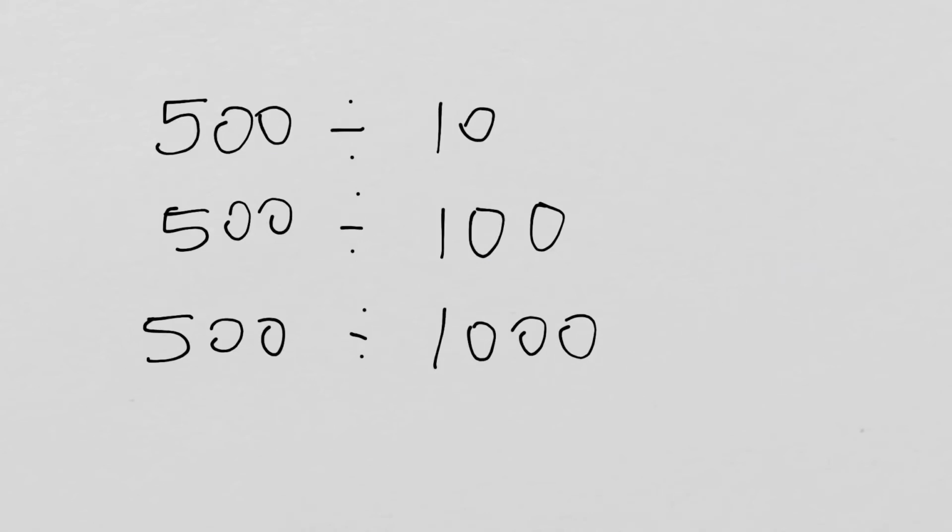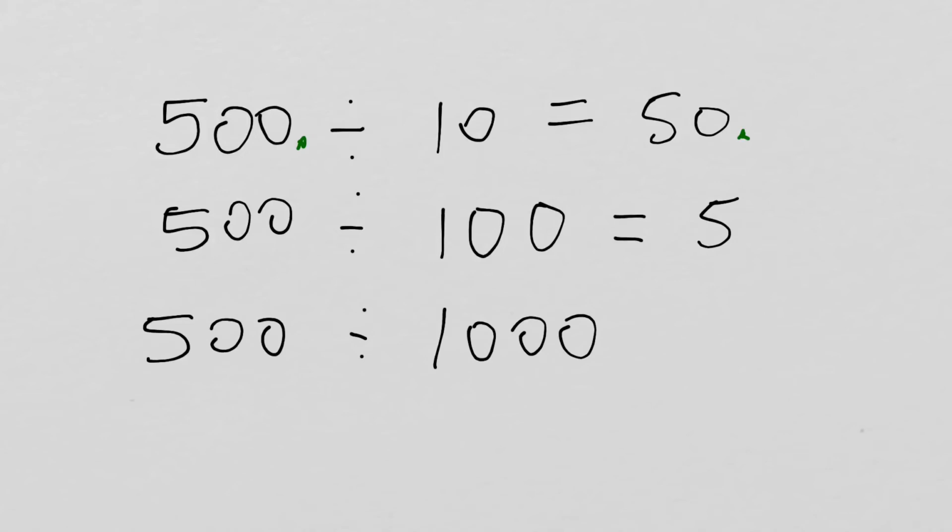Let's take a look at this. 500 divided by 10 is 50. 500 divided by 100 is 5. So what's been happening, we'll leave the next one for a second here. What's happening to the decimal point this time? Well, it's here, and now it's here.